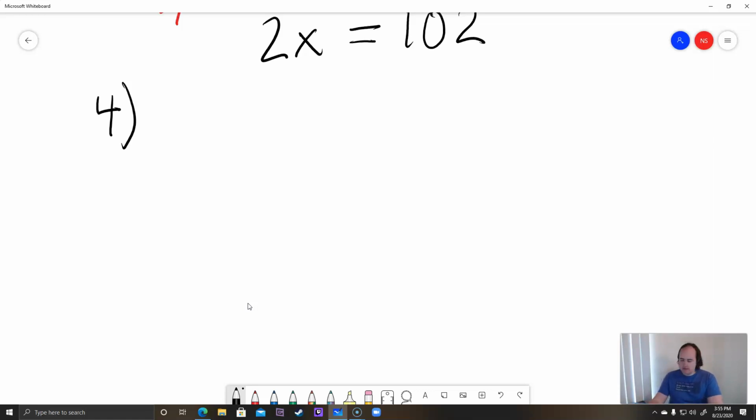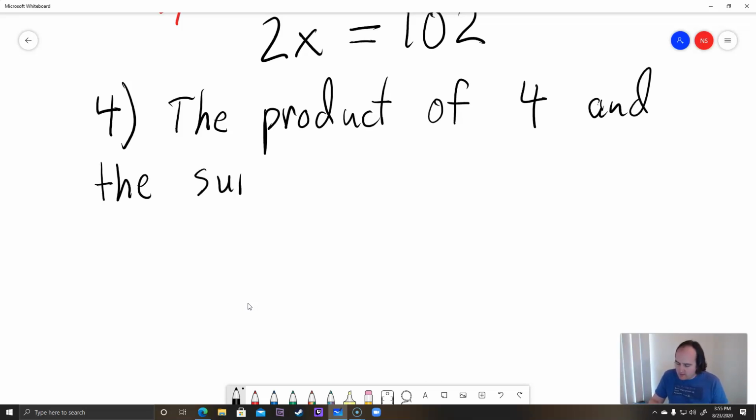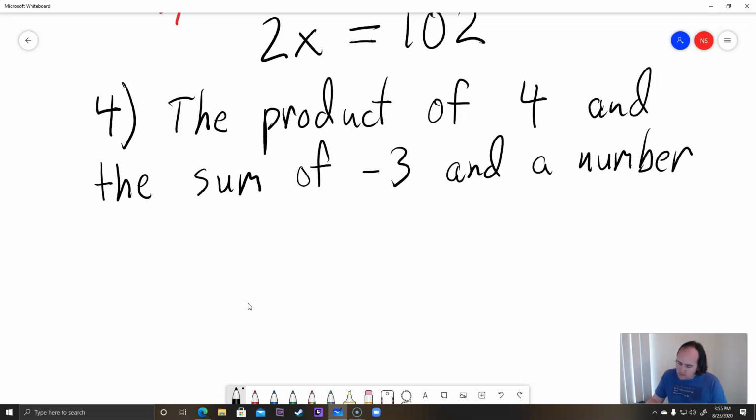So this one says the product of 4 and the sum of -3 and a number is -40.